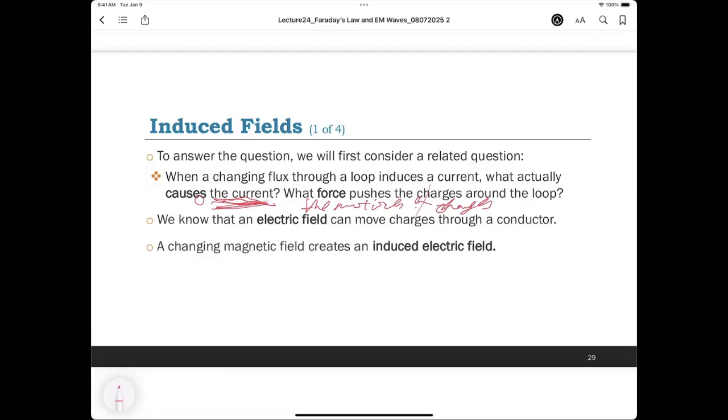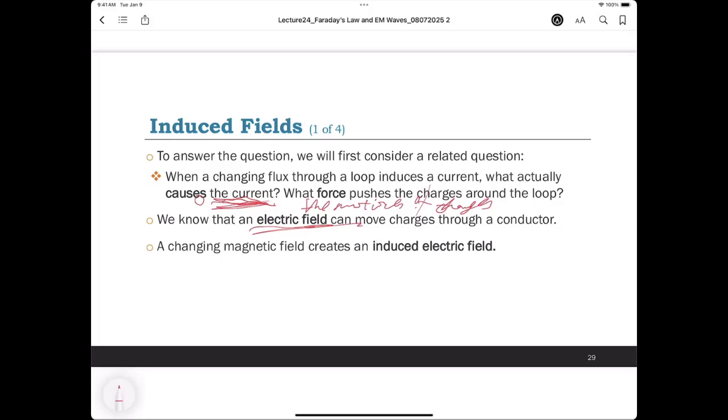We know that an electric field can move charges through a conductor. This is what we talked about in chapter 22, you can review it. And a changing magnetic field creates an induced electric field.